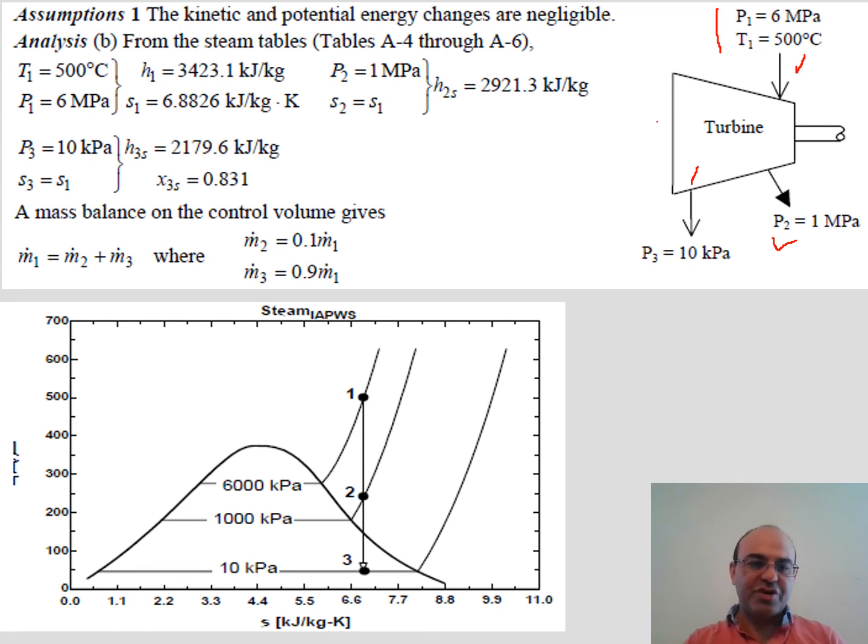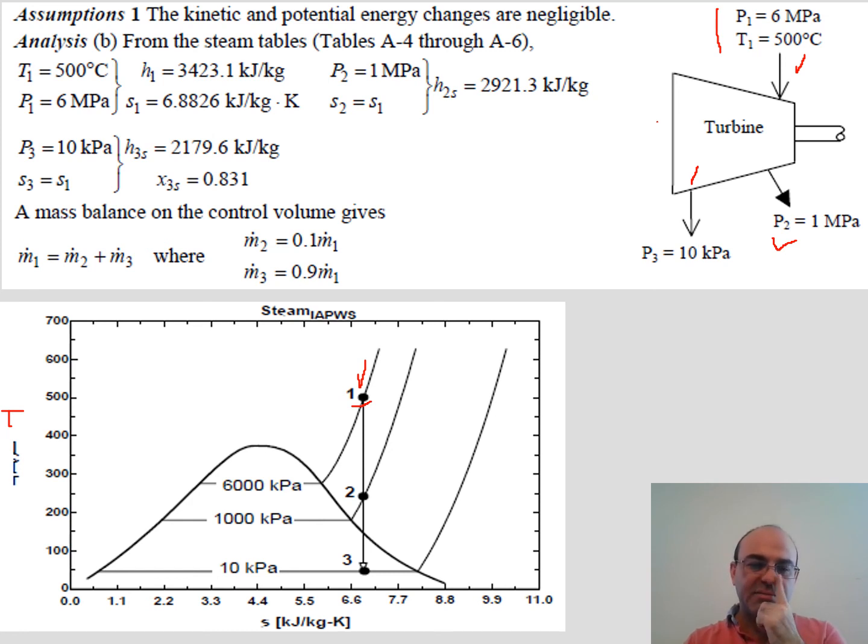If you want to show it on a TS diagram, this is the two-phase dome. Under the dome, we have a phase change. So we draw the constant pressure lines, 10 kilopascals, 1000, 6000. Initially, the steam pressure is 6,000 kilopascals. This is the constant pressure line, and point 1 is a superheated state. That's where the steam enters the turbine.